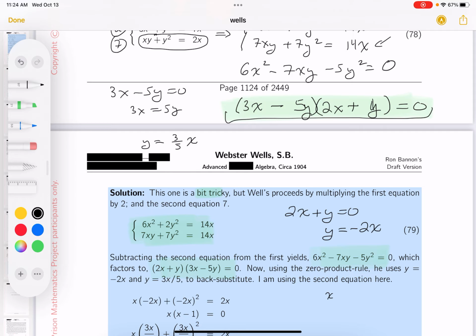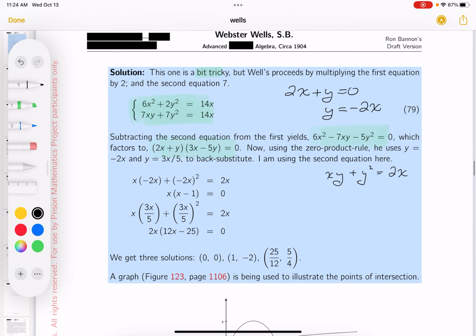So what is that going to be? xy plus y squared equals 2x. And I'm going to start making substitutions now. And what substitutions would I make? Let's do this one first. So it's going to be x, and y is minus 2x, right?